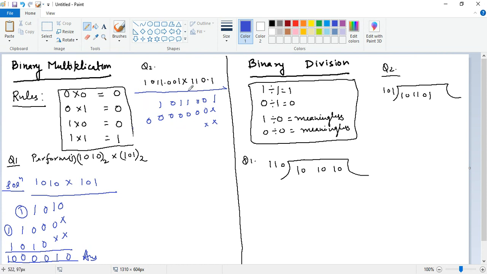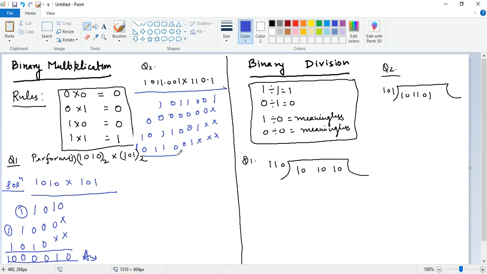So the 7 bits are 1 0 0 1 1 0 1, right? Next bit is also 1. Then the result is the multiplicand, so 1 0 0 1 1 0 1.